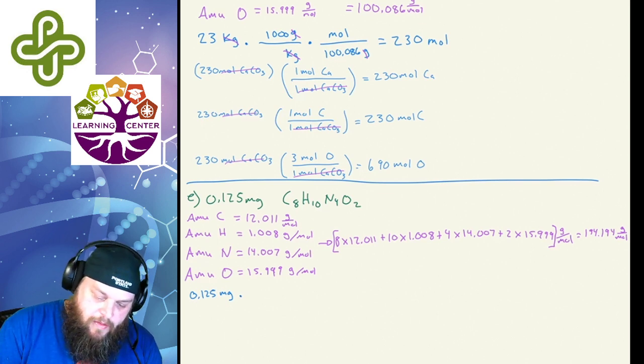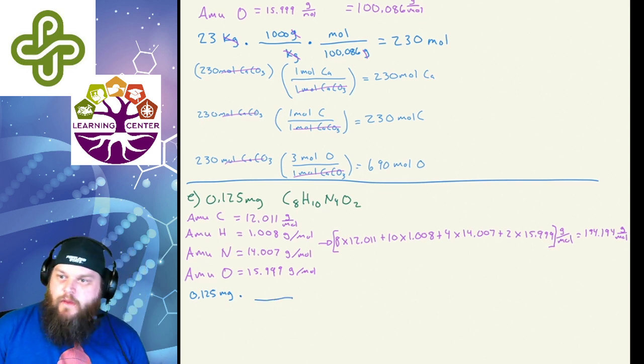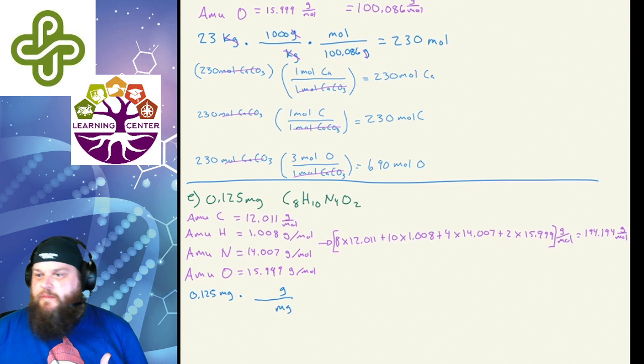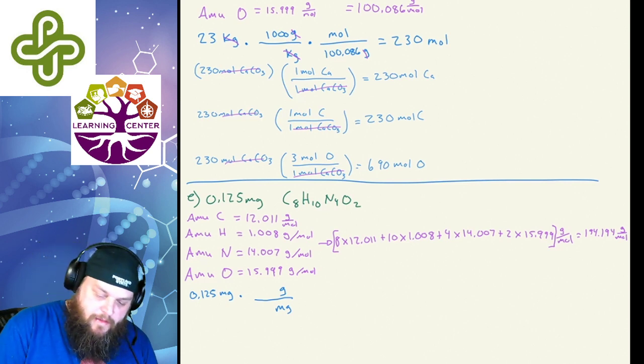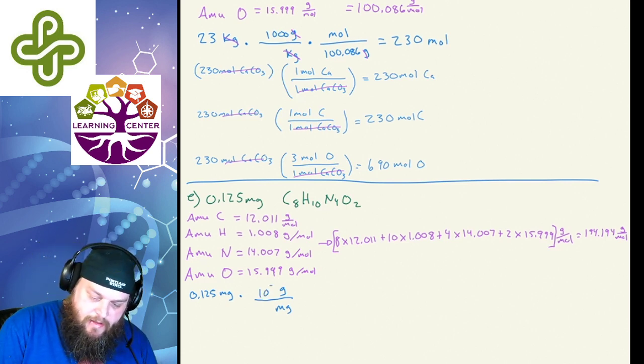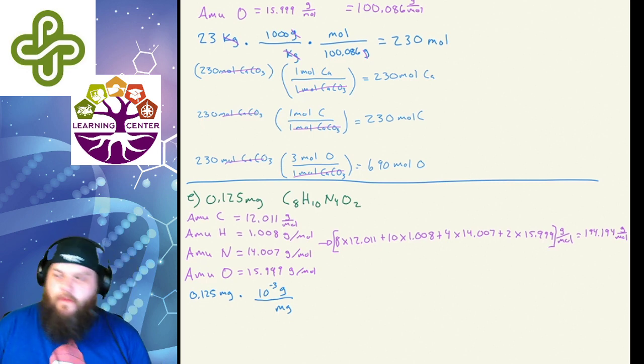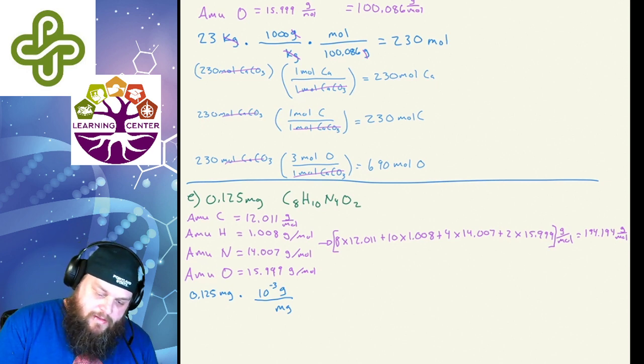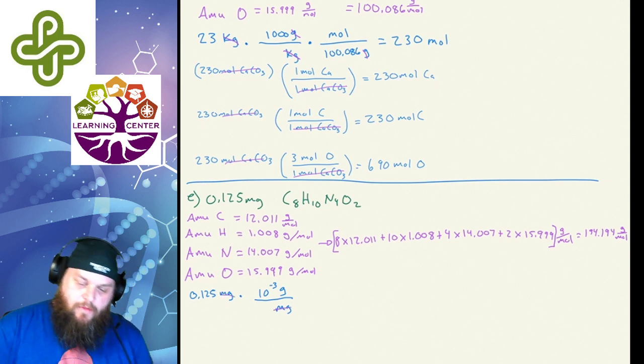So we could multiply by some ratio, that dimensional analysis ratio, putting milligrams on the bottom, grams on the top, and we need to make sure that's equal to 1. This time I'm going to put 10 to the minus 3 up on top, because 10 to the minus 3 grams is equal to a milligram. So now our unit-wise will equal grams.